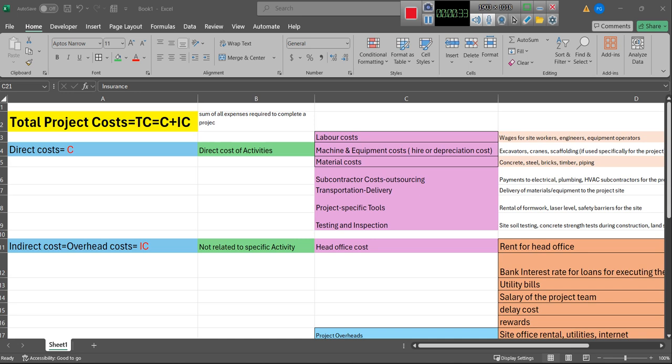So let's dive into the meaning of each of the categories. Direct cost: these are exactly related to the activities. When we're talking about direct cost, you're talking about the activities, not something unrelated to the activities.